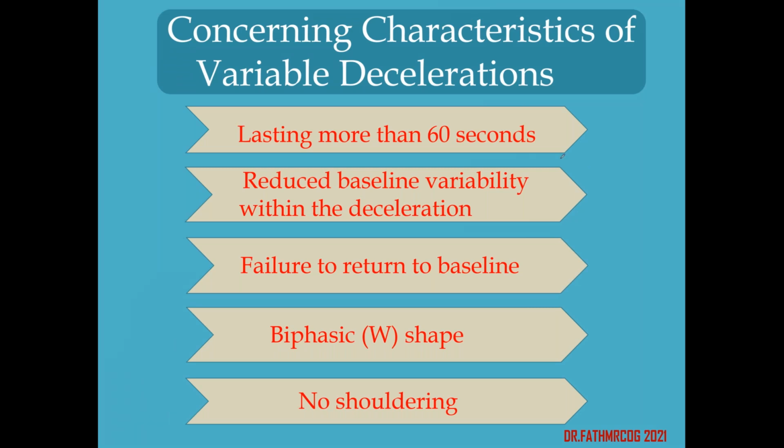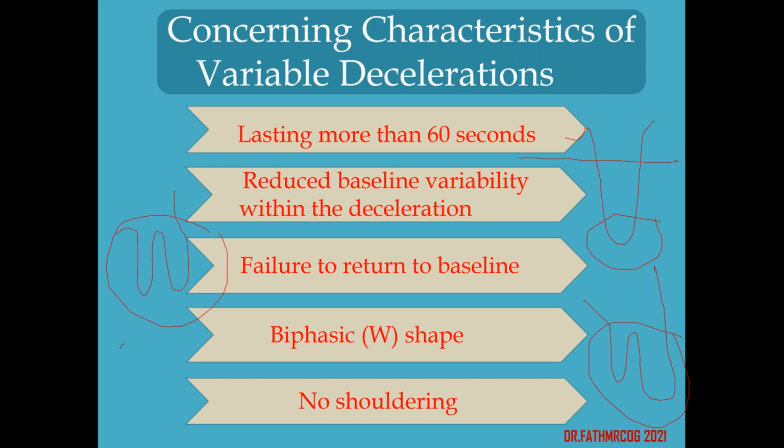Normally, if this is the baseline, there is the shouldering and only one shape here. This is normal. If you have biphasic, this is abnormal, or at the end of the deceleration like that. This is normal. If there are two phases, biphasic, this is abnormal.